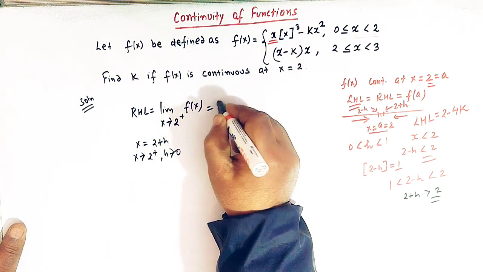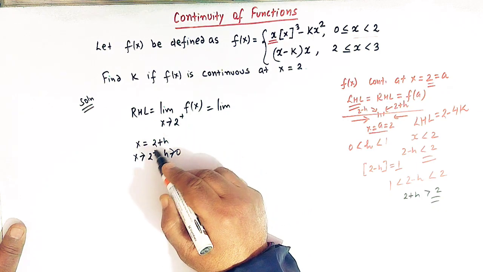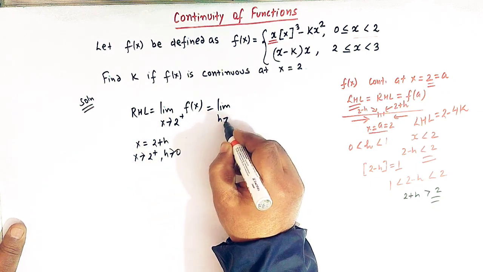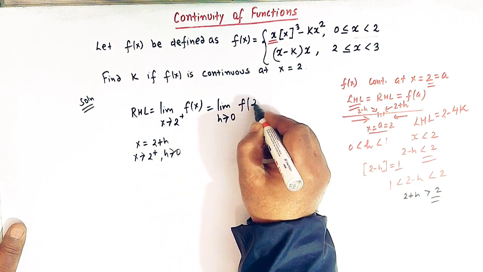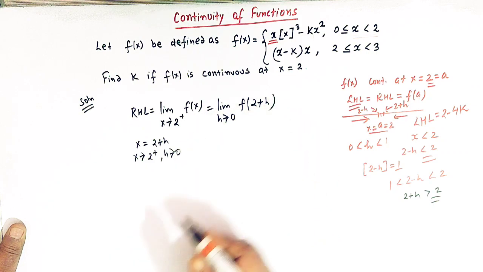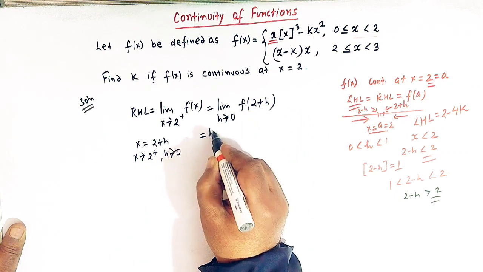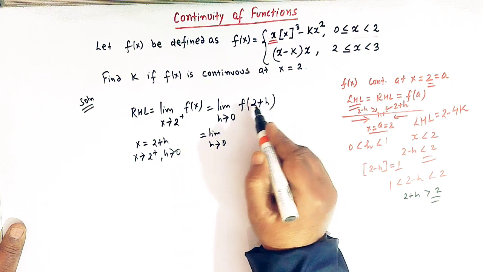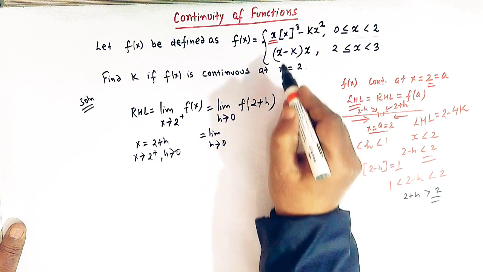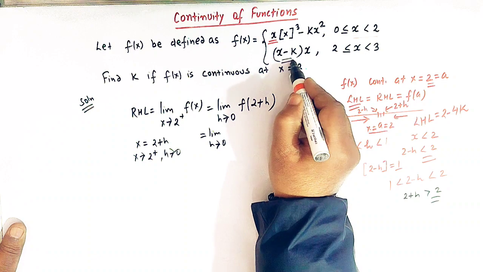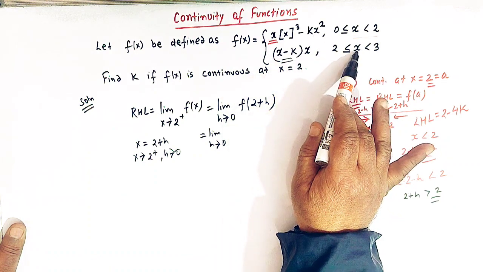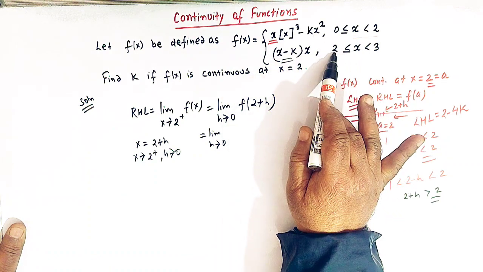So now this limit reduces, in terms of h, to the limit as h tends to 0 of f of 2 plus h. So now we write the value of f of 2 plus h from this expression, because here we have x greater than or equal to 2.